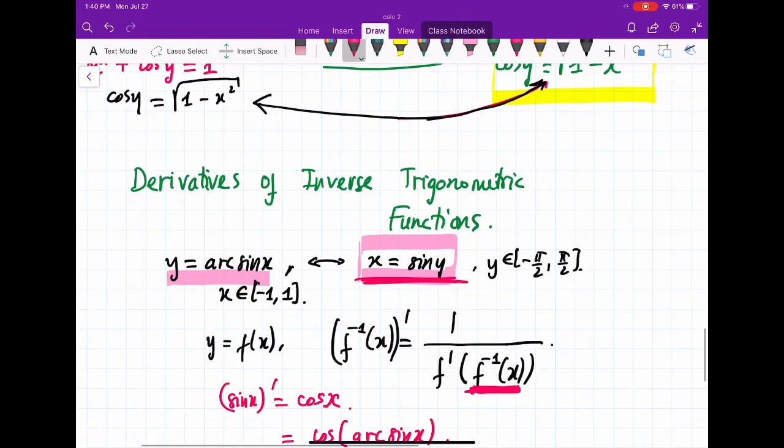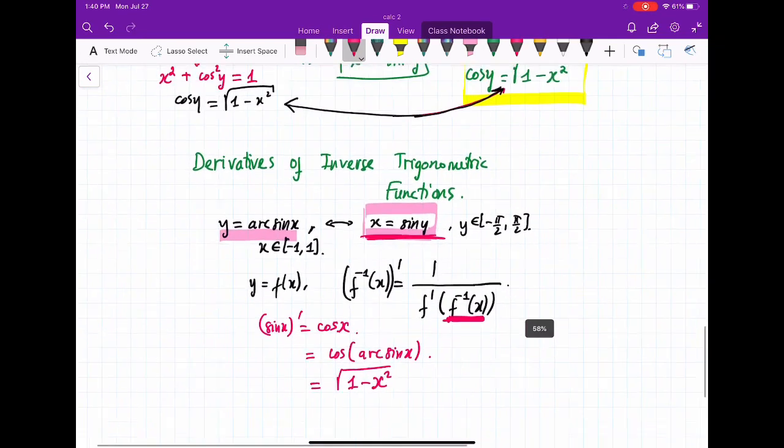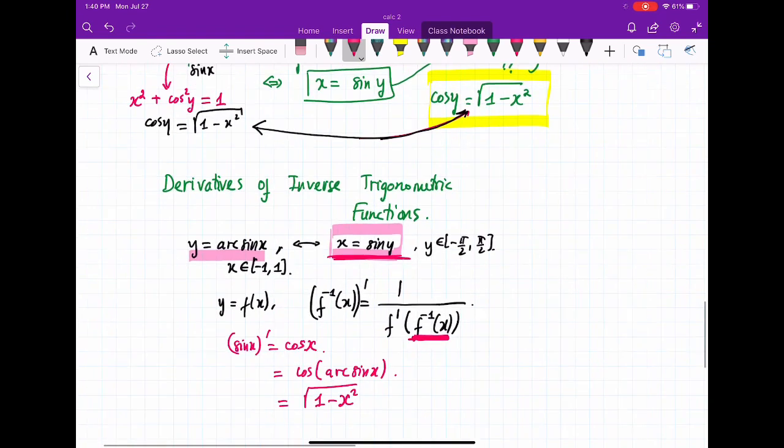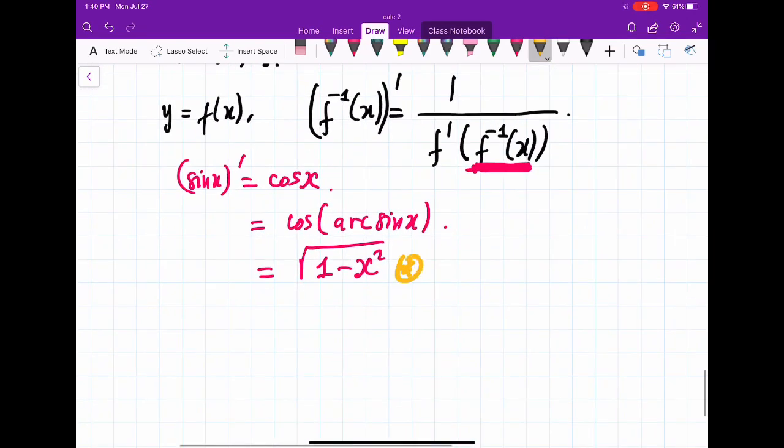So we know that this is what? This is the square root of 1 minus x squared. Right? We just did that right here. Or right here. So I just copy that result to this. Agree?